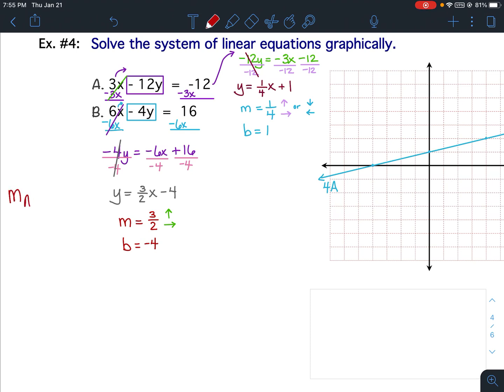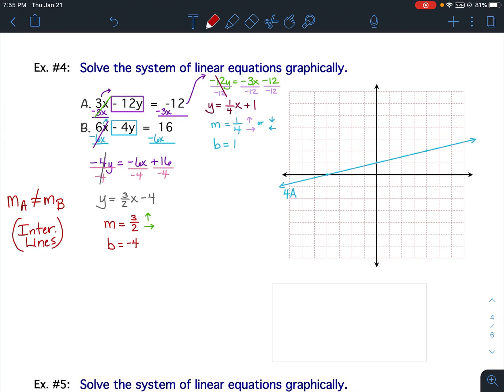So slope of line A does not equal slope of line B. Therefore, we have intersecting lines. So I know these lines will intersect. And if you go to intersect them on the graph and it doesn't fit on the graph, you must have done something wrong. Okay? If I give you intersecting lines, they will intersect within this grid.